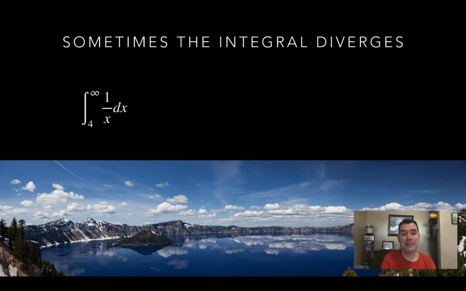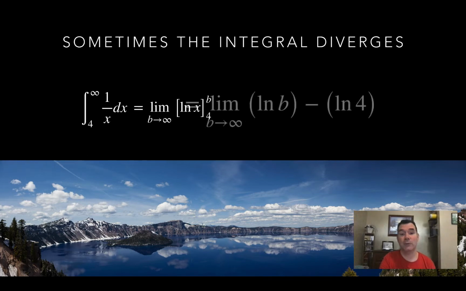All right, well, sometimes the integral diverges. If I'm going from 4 to infinity of 1 over x, okay, that's going to give me the limit as b goes to infinity of the natural log of x, which is the antiderivative of 1 over x. I'm plugging in b and I'm plugging in 4 and I'm letting b go to infinity.